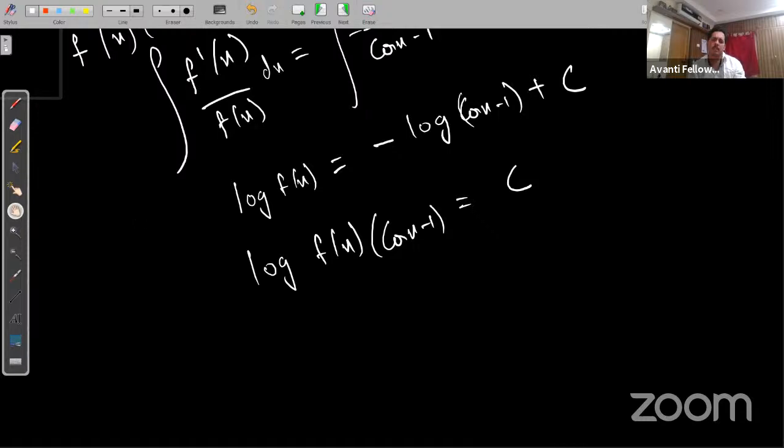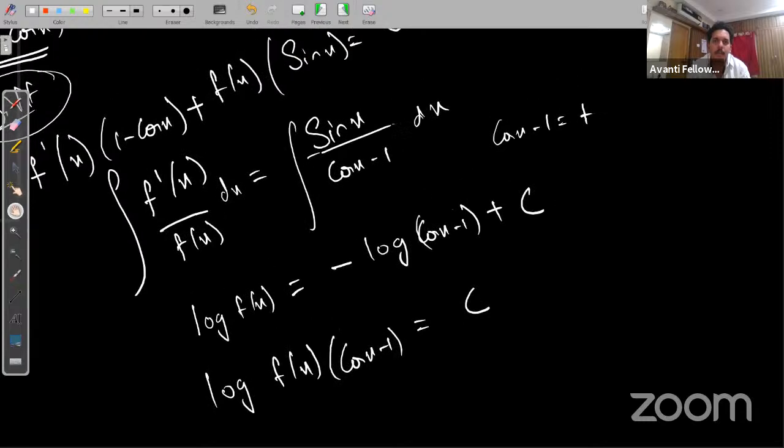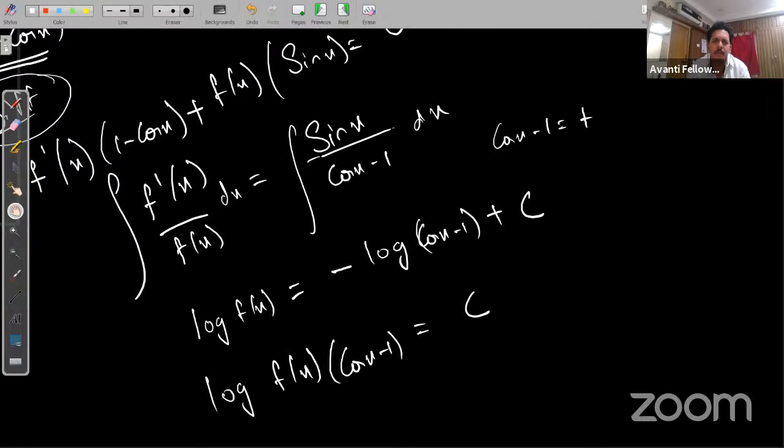If we take cos of 12 pi, it is equal to 1, right? So we are getting log 0 over here. What is the mistake we have done over here?